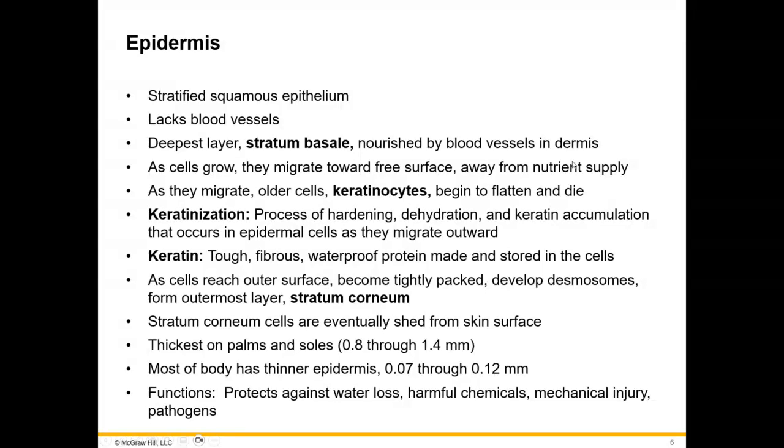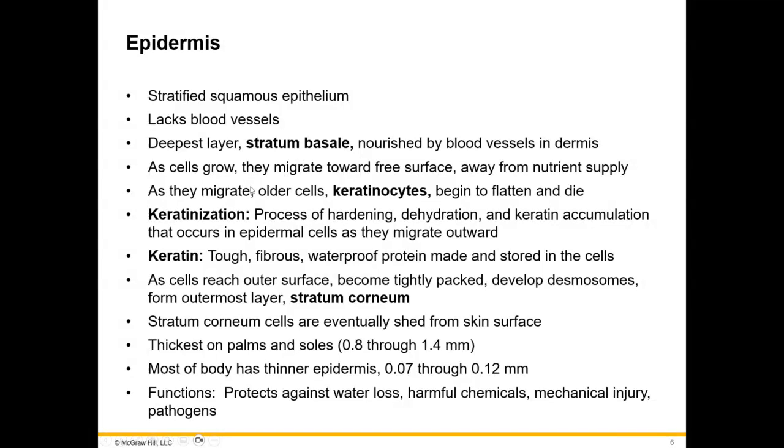So stratum corneum would be the most outer part with the dead layer of cells. Lucidum, granulosum is the next, and we'll show this on another slide. And then spinosum and the basale. Okay, but again, the deepest layer is the stratum basale.